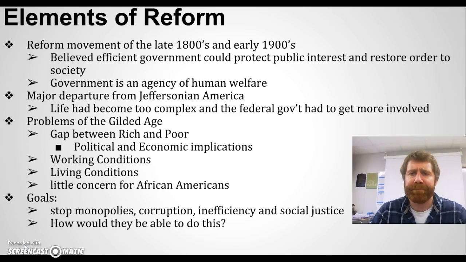And also, through government, and we'll talk about this a little later, the progressives believed that there needed to be a push for greater democracy. More public participation in politics would mean a push to end some of these problems that America had been experiencing during the Gilded Age.